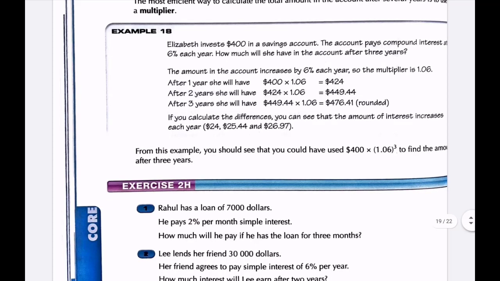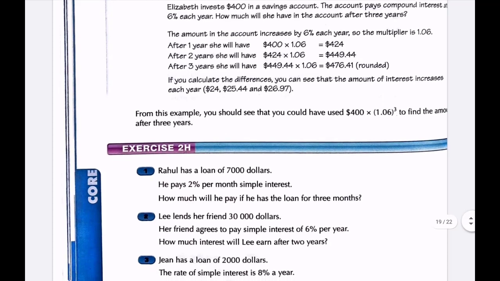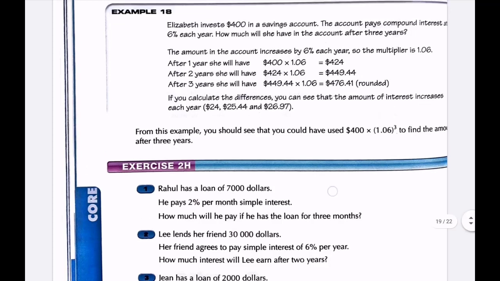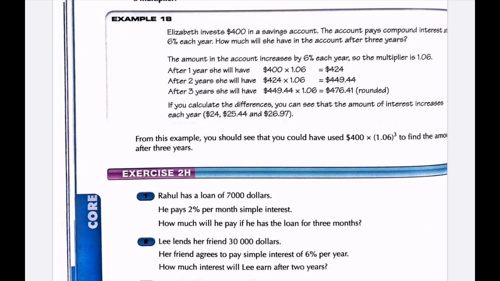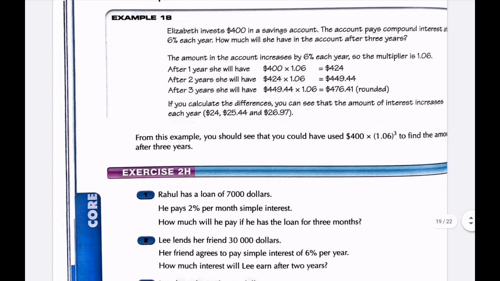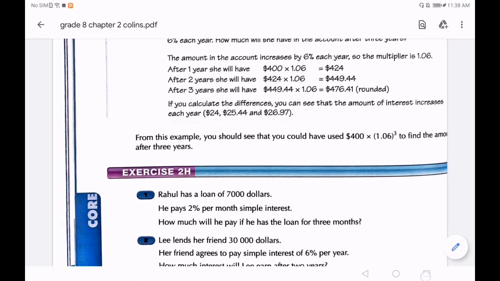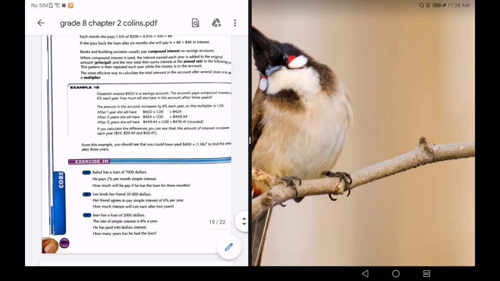For this example, you should see that you could have used $400 multiplied by 1.06 to the power 3 to find the amount after 3 years. It means if someone says to you find out the amount after 3 years, you will have a formula. This is the formula. Let me explain it on the board.